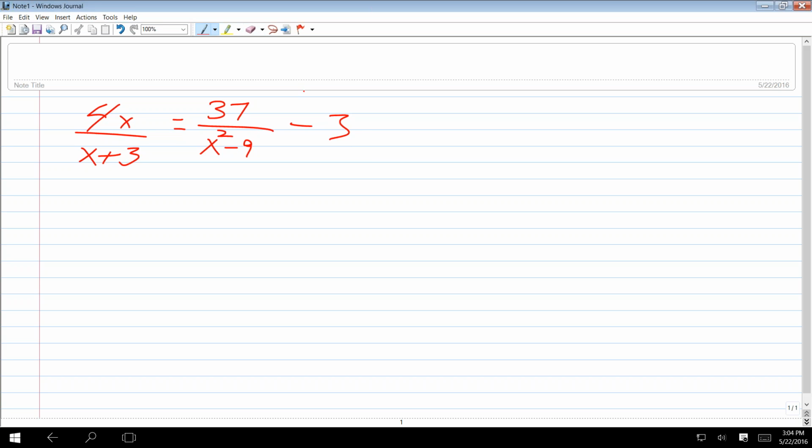X squared minus 9. Right. So if I'm going to put that over an x squared minus 9, what has to be its numerator? 3 times x squared minus 9, right? And then I'll erase this 3. In other words, that's the same number that we just had there. Okay?